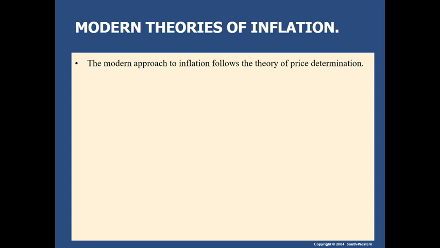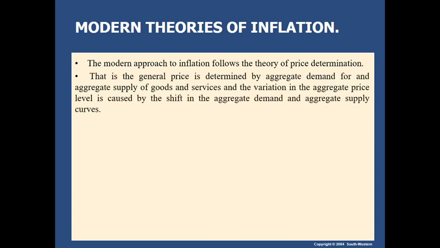Just like a price is determined in a market, in the economy as a whole the price level is determined by the intersection of aggregate demand and aggregate supply. I already explained this: the general price level is determined by aggregate demand for and aggregate supply of goods and services, and the variations in the aggregate price level are caused by the shift in aggregate demand and aggregate supply curves.